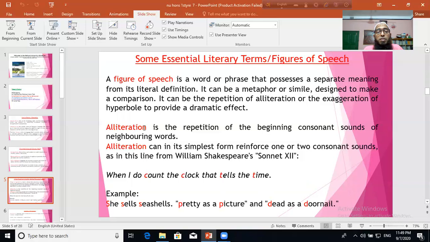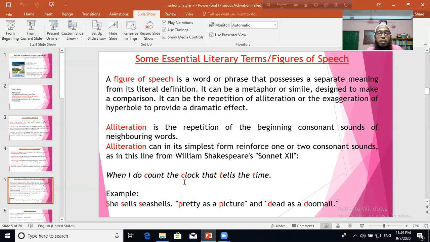Alliteration is a figure of speech. Alliteration is the repetition of the beginning consonant sounds of neighboring words. Alliteration can in its simplest form reinforce 1 or 2 consonant sounds, as in this line from William Shakespeare's Sonnet 12: When I do count the clock that tells the time.